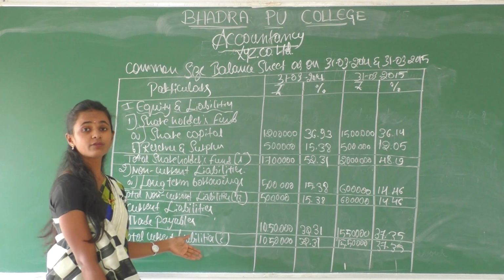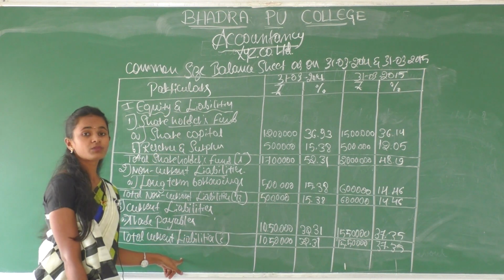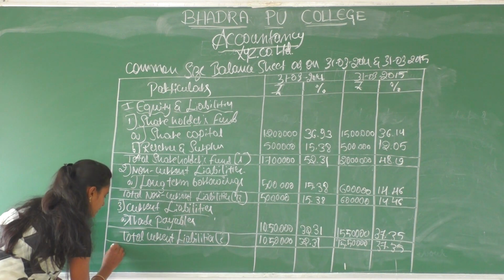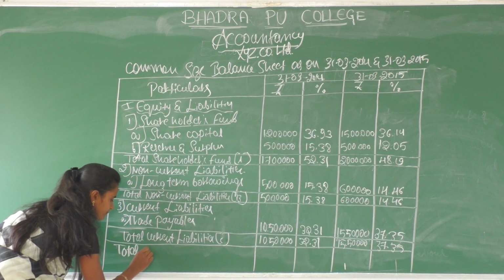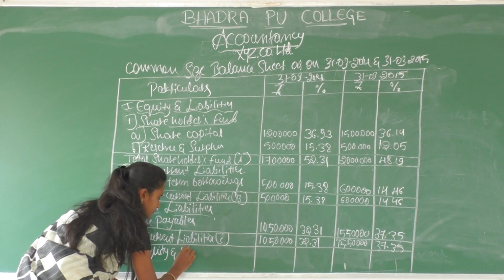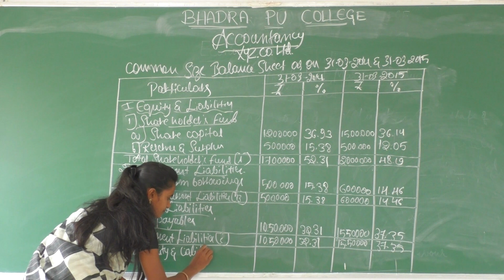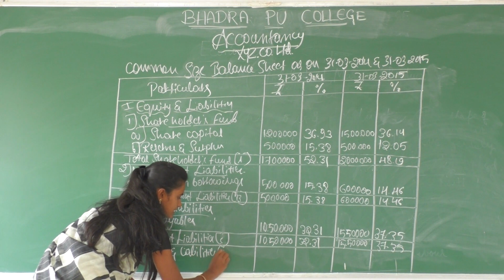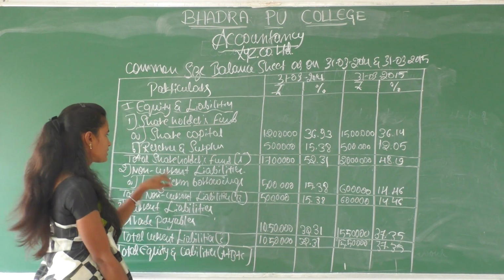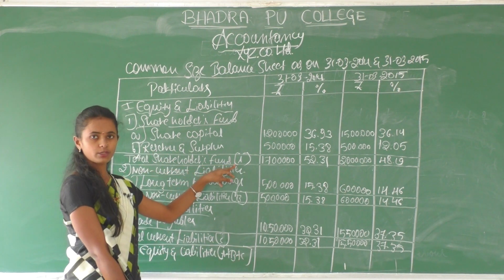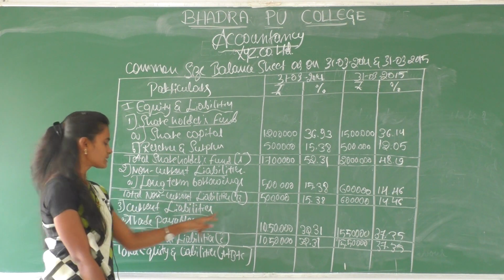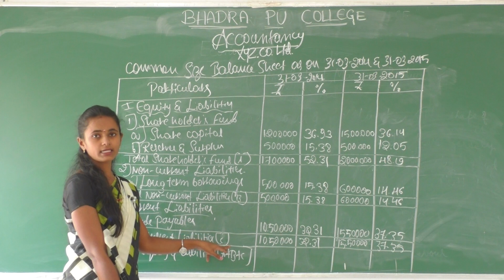So this is our equity and liabilities. Here we will get our total equity and liabilities, which is a combination of A plus B plus C. A is total shareholders fund, B is total non-current liabilities, and C is total current liabilities.